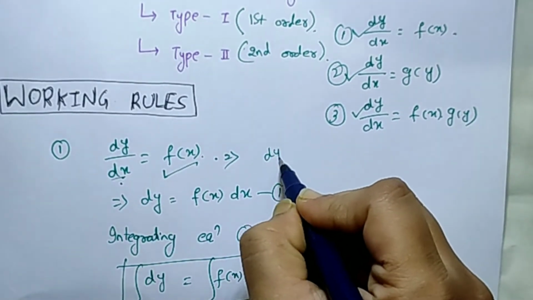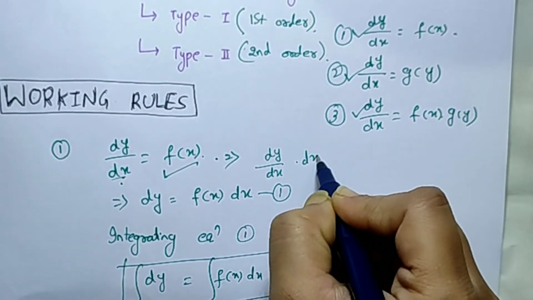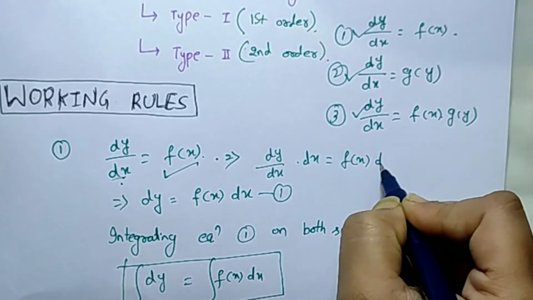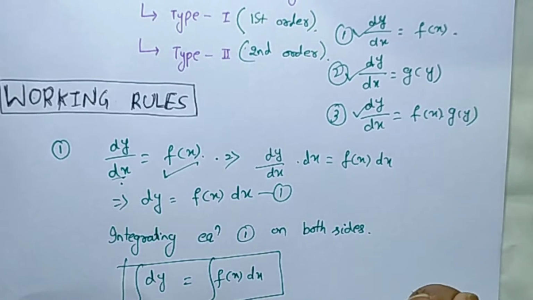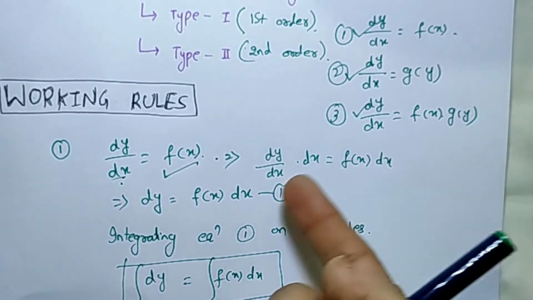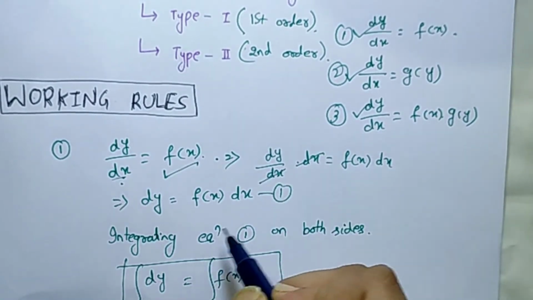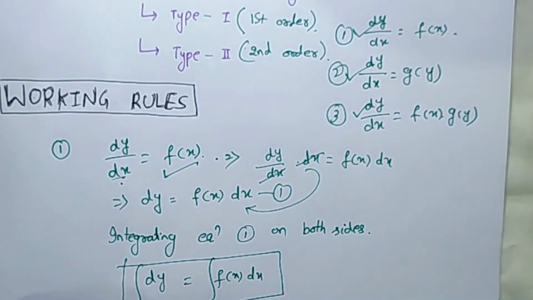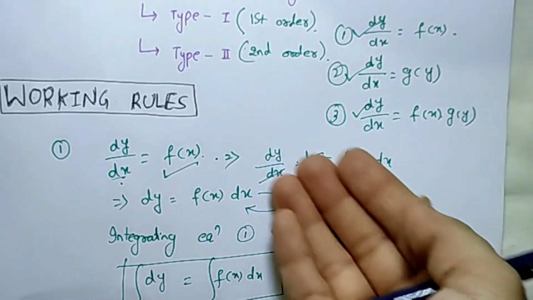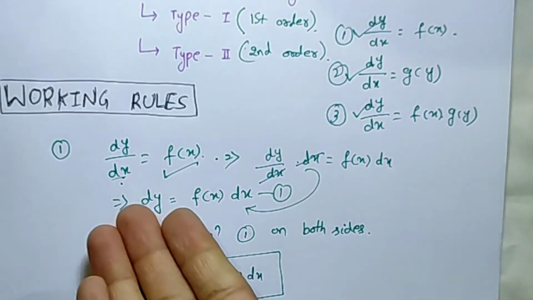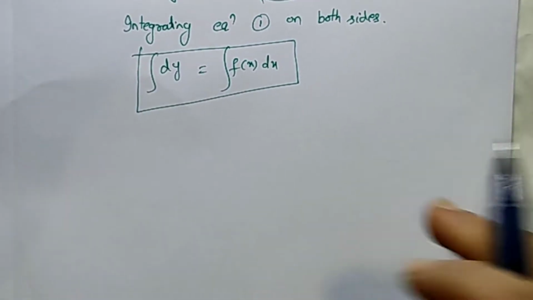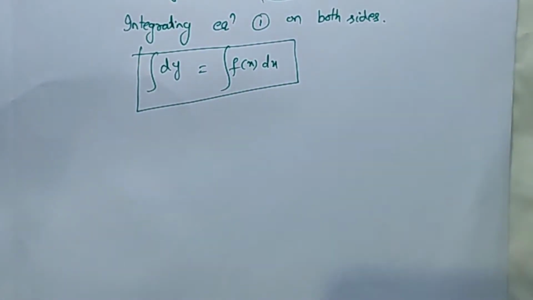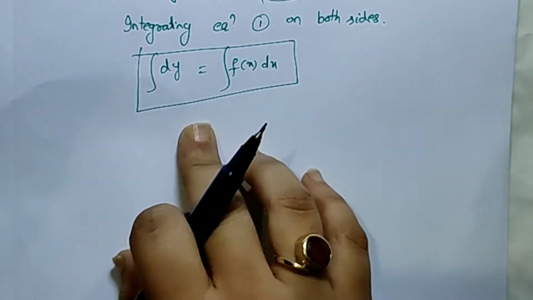We can do dy by dx into dx is equal to f of x into dx. Same thing, just in a different way. We have to integrate, so we need an integrand, so we multiply dx on both sides. Now this dx is cancelled, and again we find the same equation. So to avoid this step, I just multiplied by cross multiplication method. Clear? So let's have some examples so that we can understand this form.